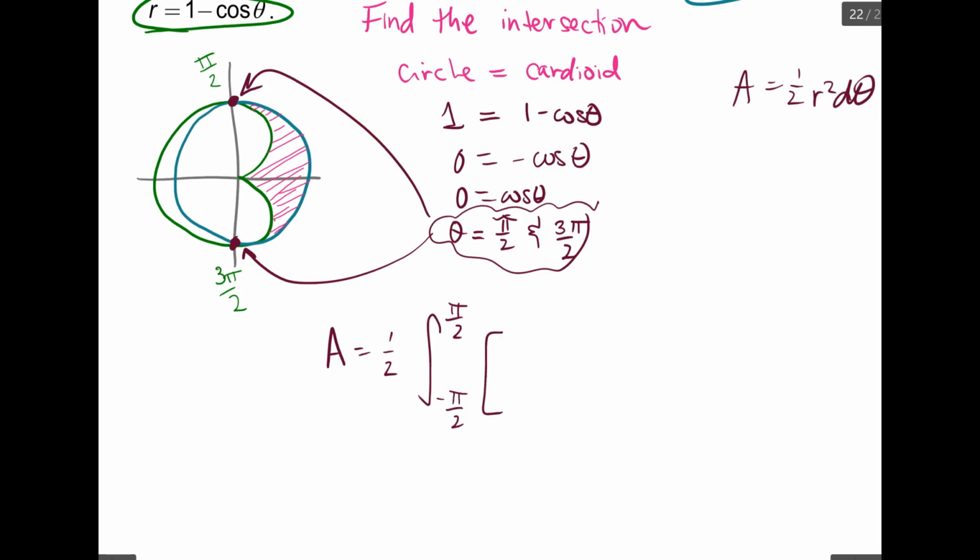So I want r2, which is the outer, squared. That's going to be 1 squared, minus the radius of the inner, which is 1 minus cosine theta, squared, d theta.